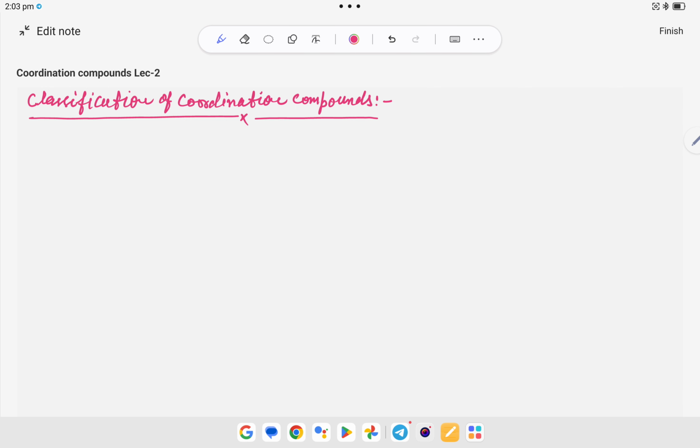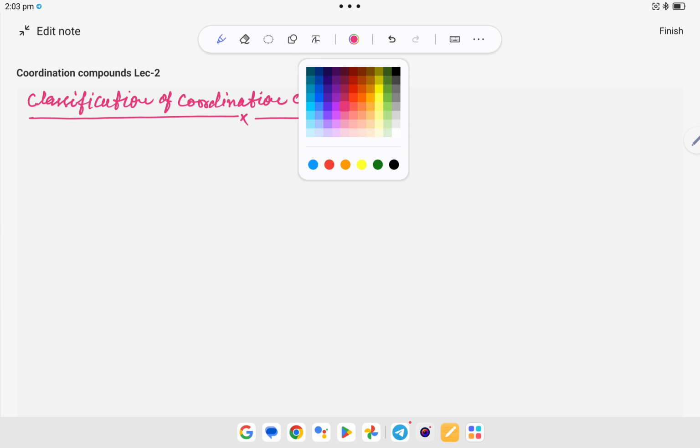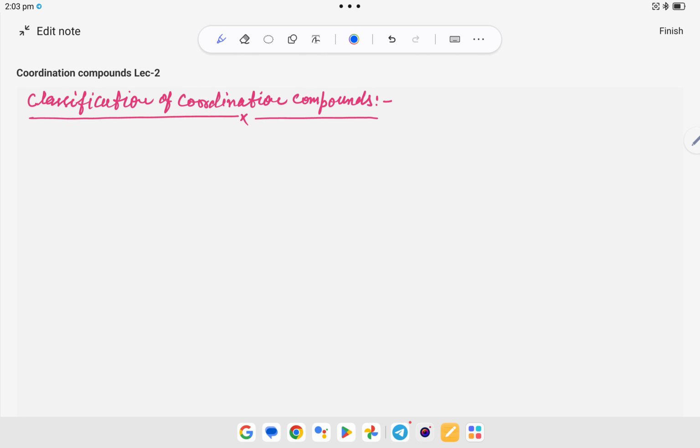First classification is on the basis of ligand.